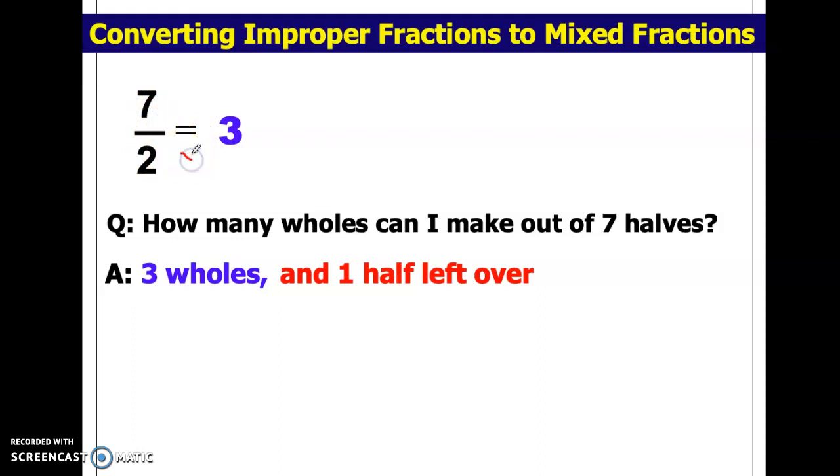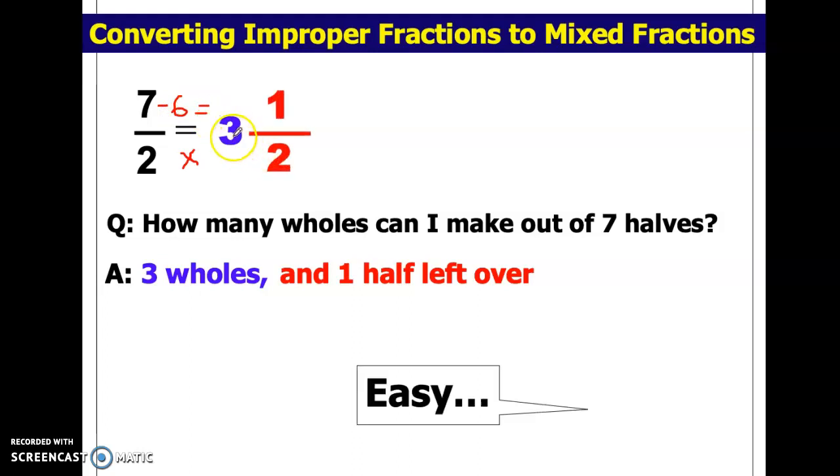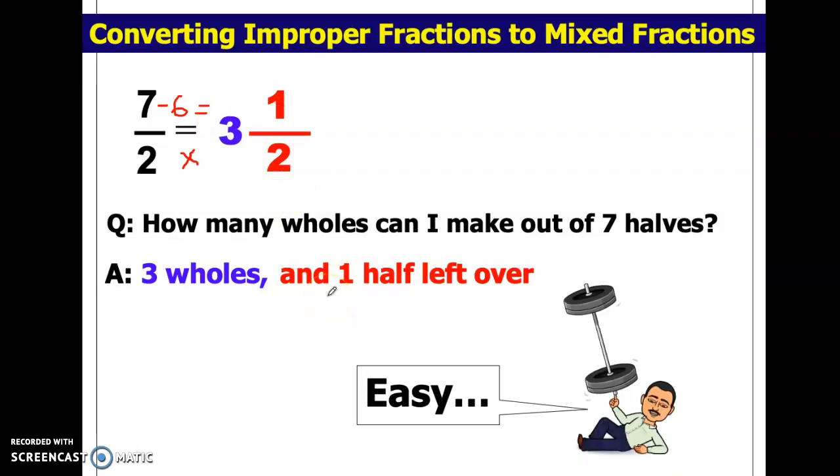And 3 times 2 gives us 6. So then we take that 6 and subtract it from our numerator, and that would equal 1. So then we have 3 and 1 half. Easy, right? Let's try one more.